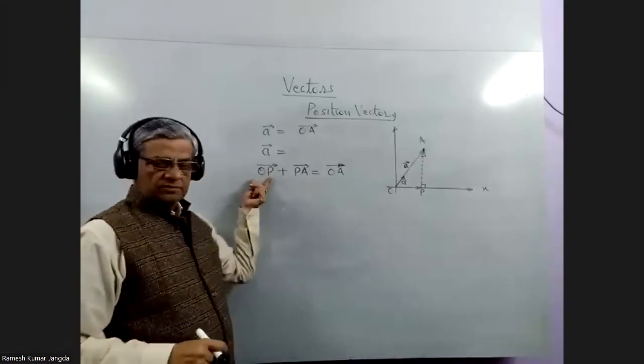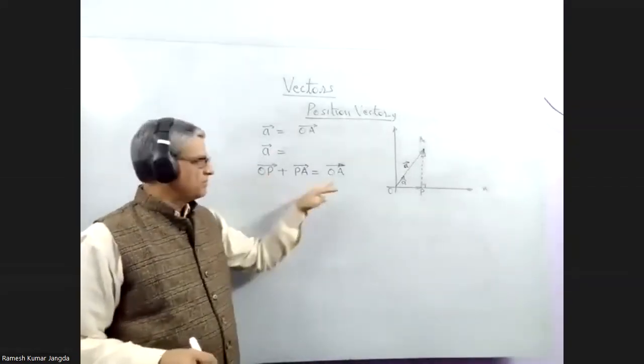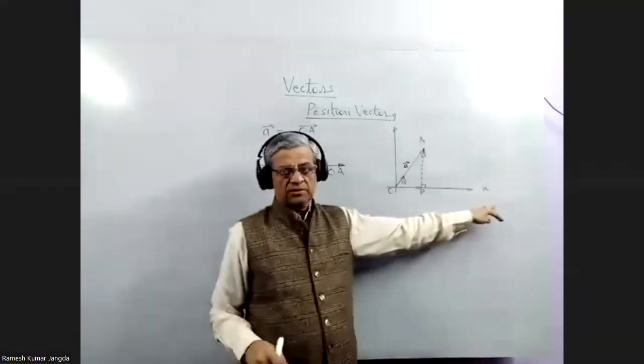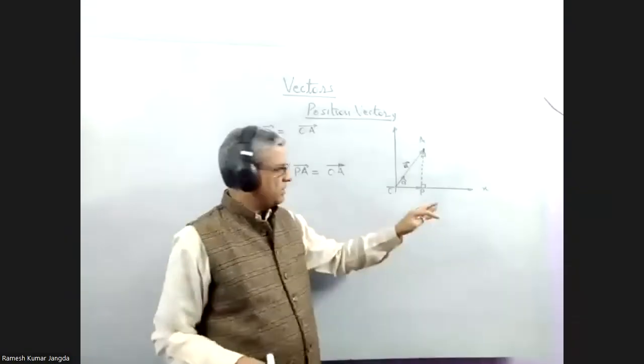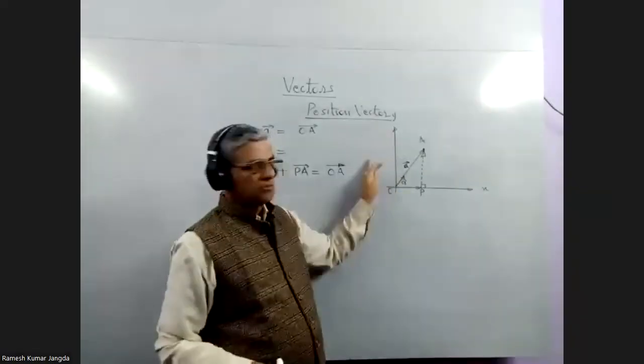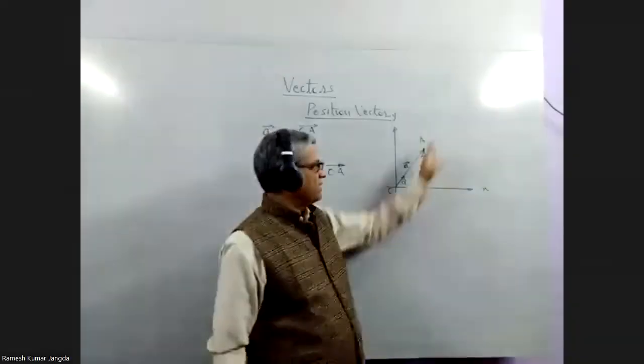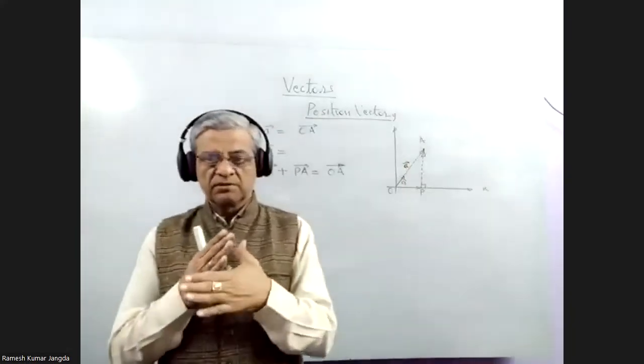Now what is OP? OP is the component of this vector along the x-axis. And what is vector PA? It is the component of this vector along the y-axis. And both OP and PA are perpendicular to each other.